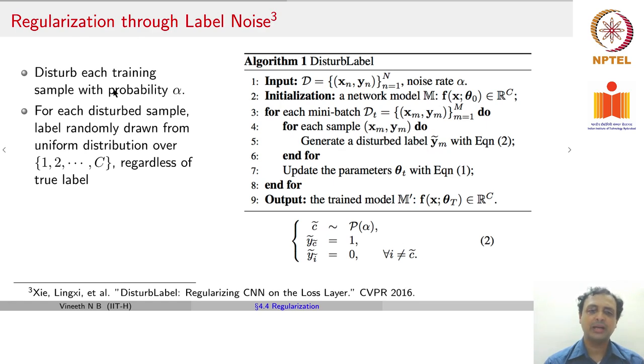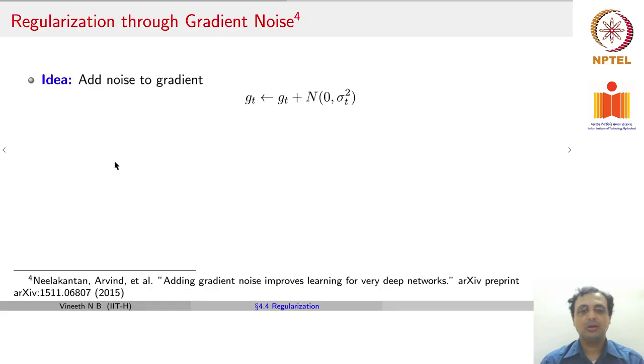So for a particular training sample which you picked up with probability alpha, instead of taking its correct label, you uniformly sample from any of the labels that you have in your set of categories when you do a classification problem. This just adds some label noise. This is clearly an incorrect label, but you hope this will keep the neural network from overfitting to your training data and hence generalize well. This is an idea, but it's not used too often in practice.